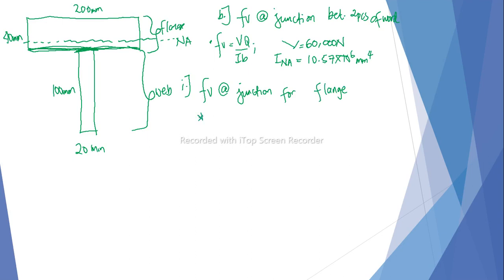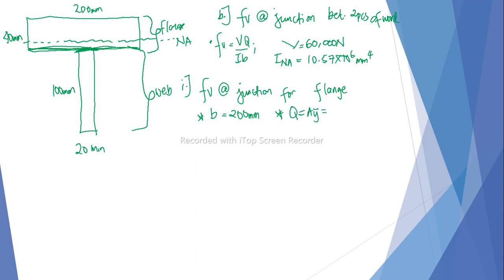For this rectangle on top, the base or width is equal to 200 millimeters. How about the Q? What is our Q? Q for this one is equal to A times Y bar.